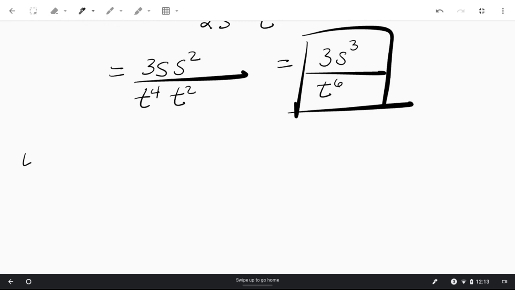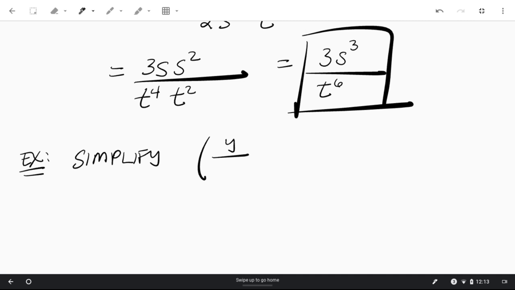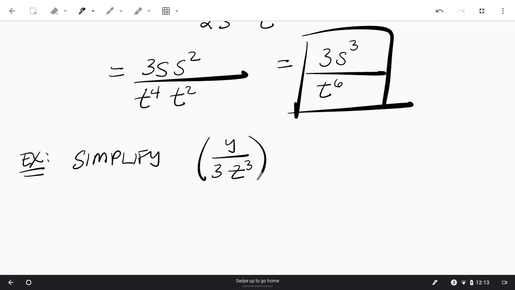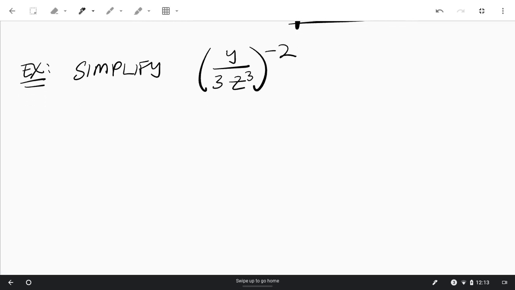Let's take a look at another one. Suppose that we want to simplify this one. y over 3z cubed, all to the negative 2. Okay. So there are different ways to attempt this.